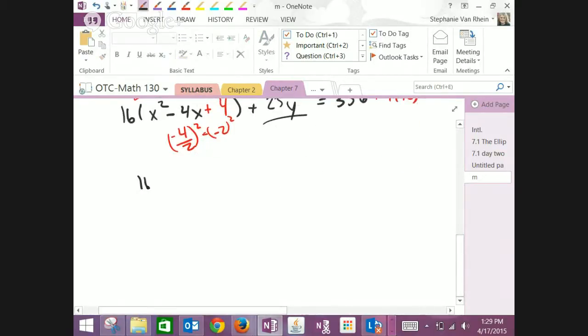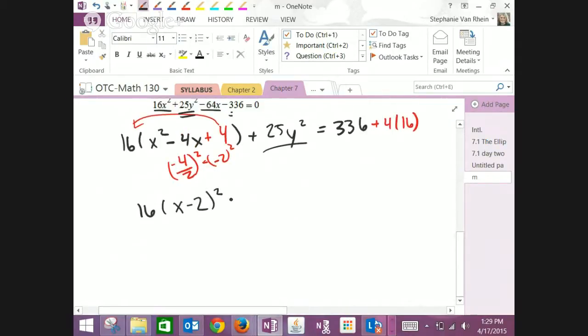I get 16 times x minus 2 quantity squared plus 25y squared equals a large number. Is it 64? I think so. 6, 7, 8, 9, yeah, 400. Divide through by 400.